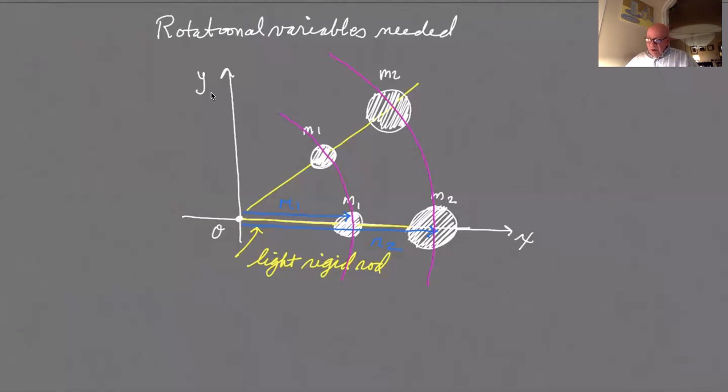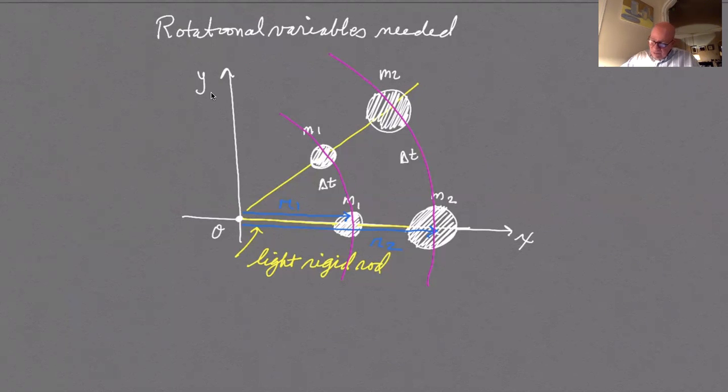And I hope that you appreciate the fact that they've both done this in the same amount of time, delta t. So if we start watching these objects at the origin, and then we take a snapshot of them at some time later, then they've both moved through a time delta t.